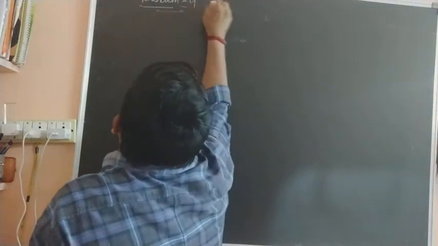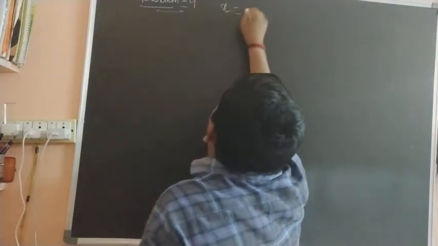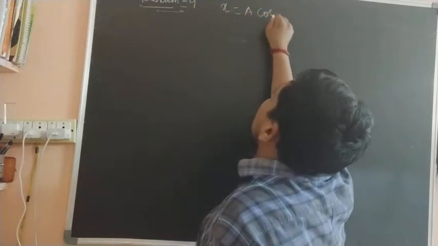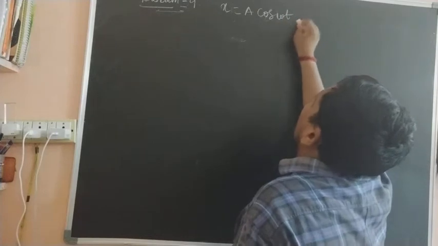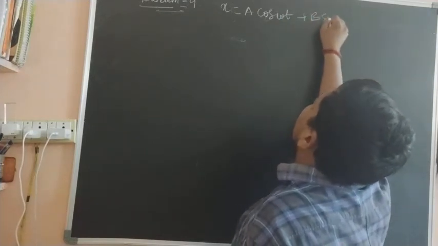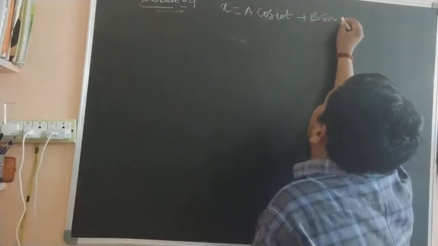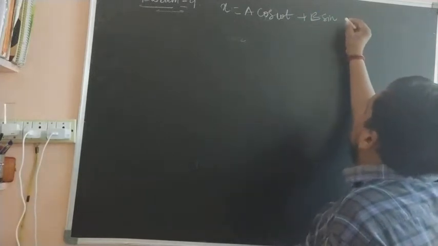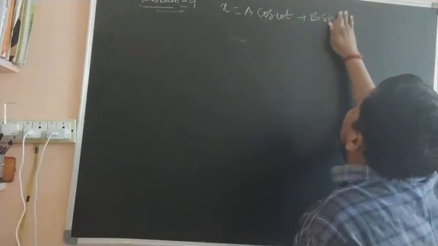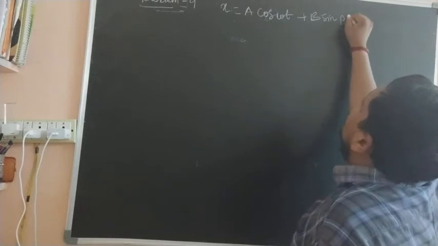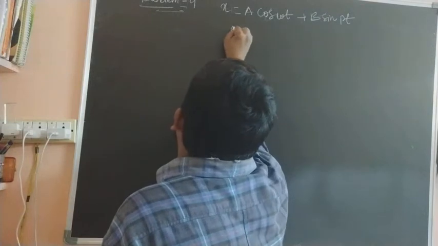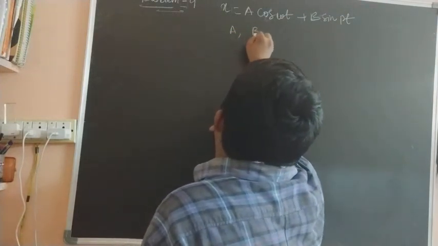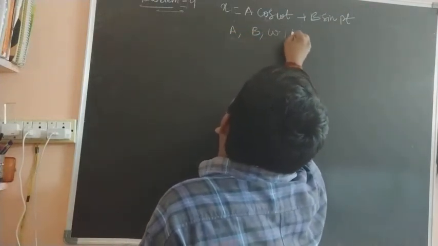For x equals a cos(ωt) plus b sin(pt), find the dimensions of a, b, ω and p.